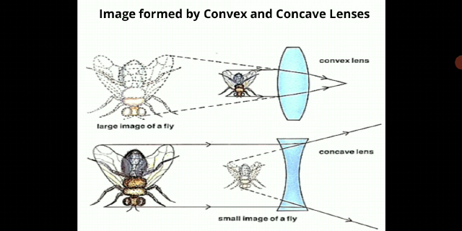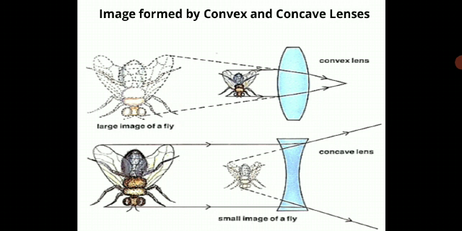Please understand this concept, children. I hope it's clear to you. Instead of a fly, you can take any object and draw this ray diagram to understand the image formed by convex and concave lenses. You place any object in front of the convex lens and concave lens, and you show the rays properly. Take an object where you can easily show a smaller and a larger image formed by the lenses.